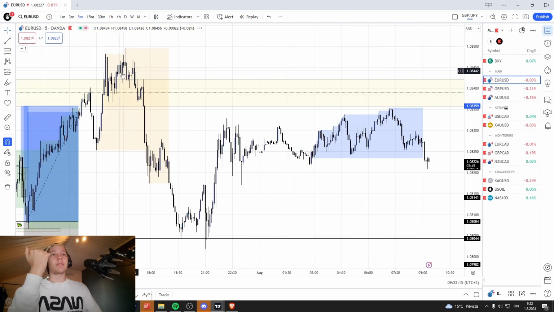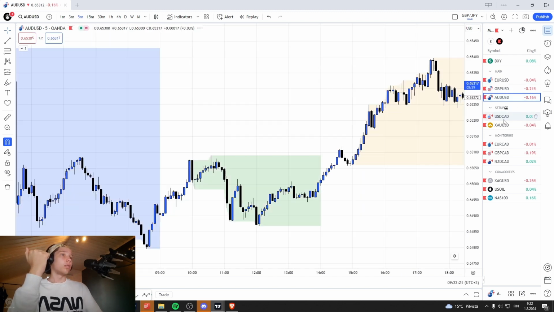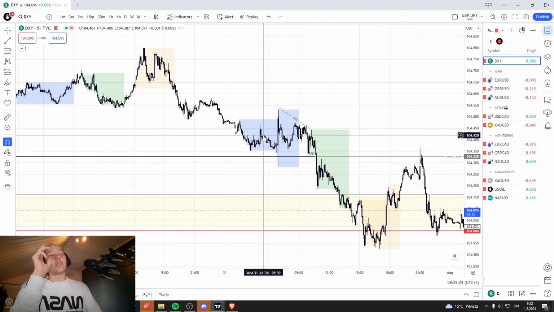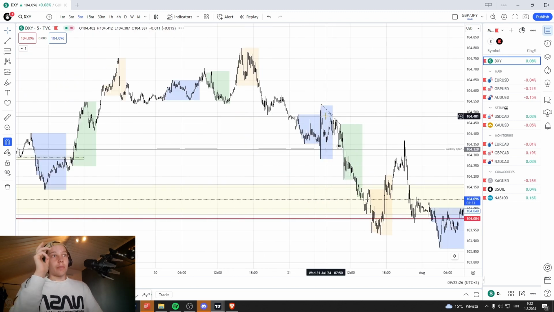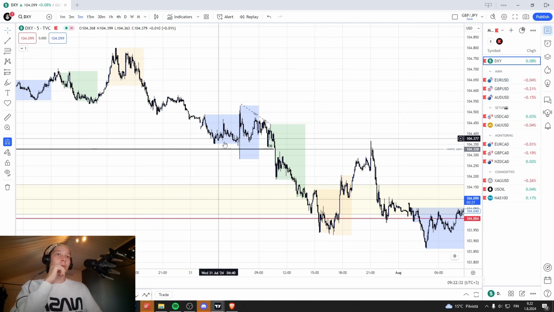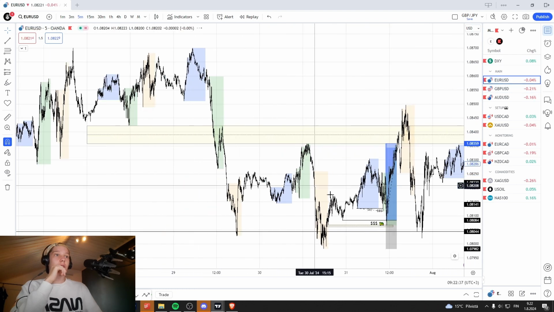The displacement and price action initially is super choppy in EU anyway, and DXY is kind of moving in the same direction as the EU. Because you can see how we've been dropping, and EU has also been dropping.